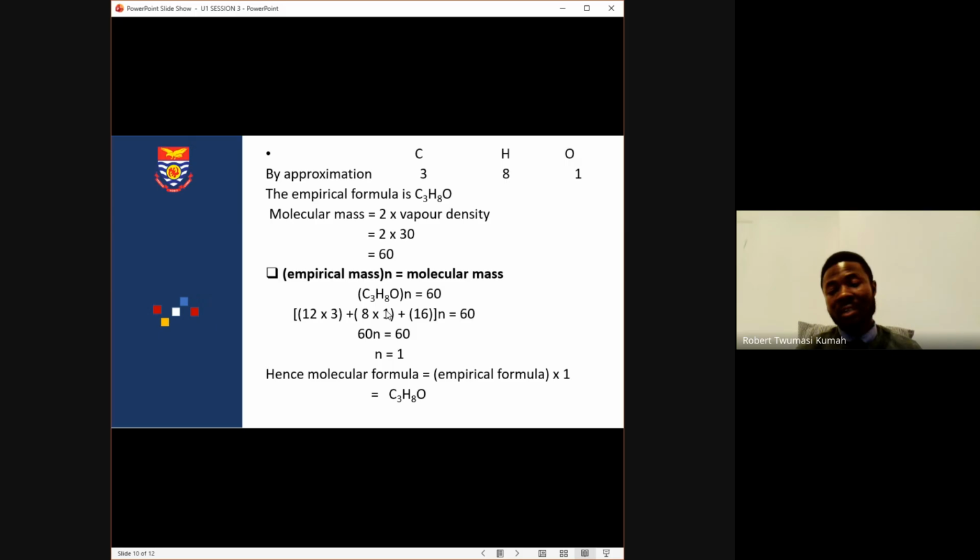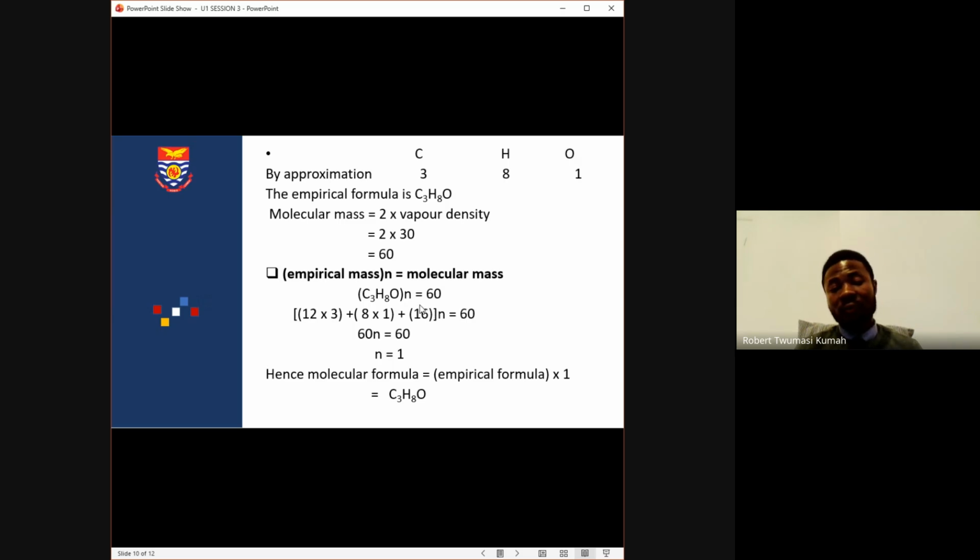Please, the atomic masses are on the periodic table. They are already determined, so I'm just picking them. You don't need to do calculations to find the atomic masses. Oxygen is 16, hydrogen is 1, carbon is 12, calcium is 40. You can look for more. So we do for the hydrogen, then we do for the oxygen, which is also 16.